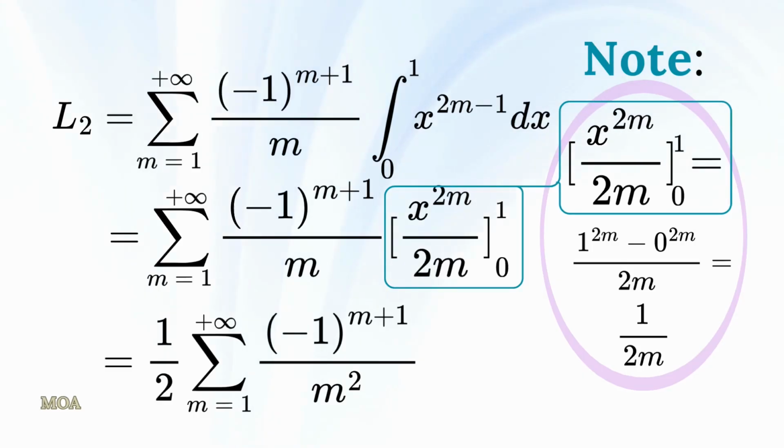By replacing this value in the integral L₂ and moving 1/2 outside the sum, we obtain L₂ = 1/2 · Σ from m = 1 to ∞ of (−1)^(m+1)/m².